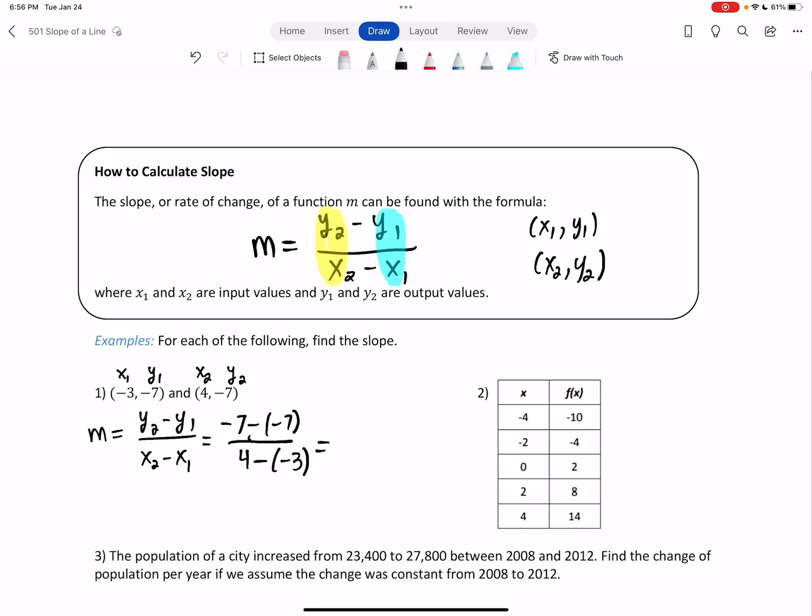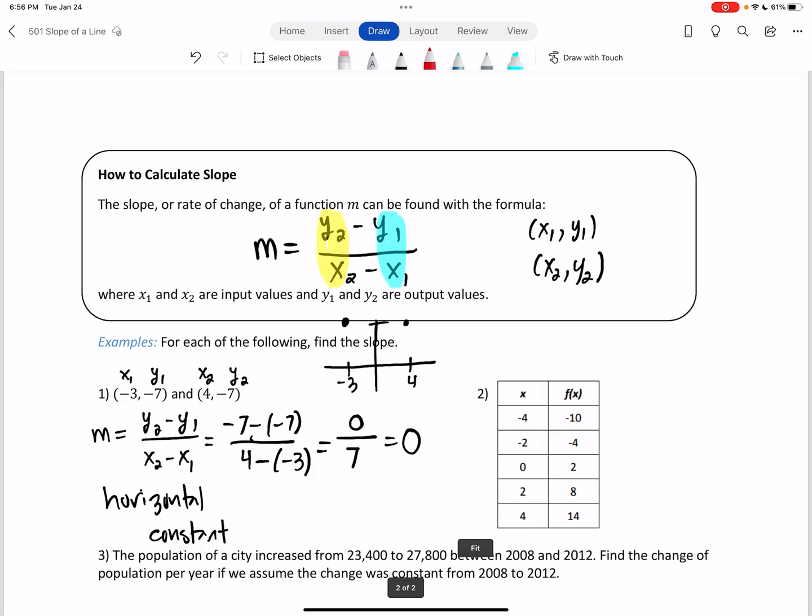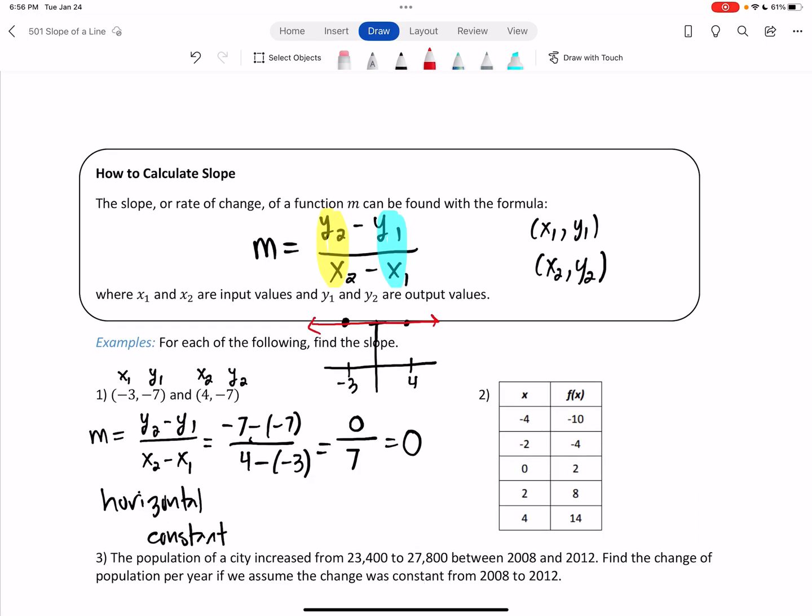So negative 7 minus negative 7 is 0, divided by 4 minus negative 3, which is 7. So this is a slope of 0. This must be a horizontal line, or a constant line. If you think about this on a graph, we have negative 3, 7, and 4, 7, and the line goes right across like that. It's a horizontal line.